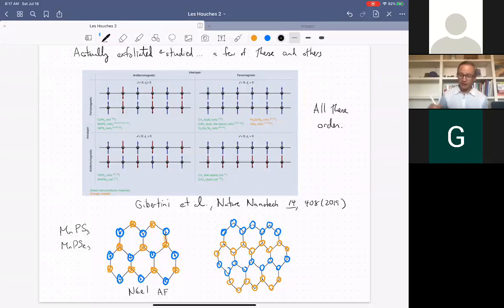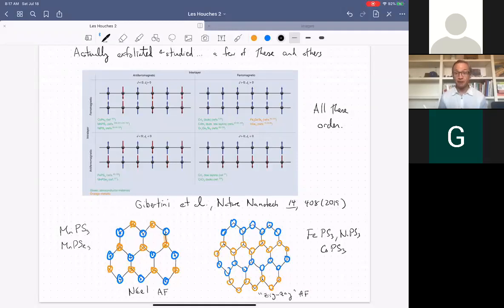If you look at the same structure but different transition metal atoms, replace manganese here by iron or nickel or cobalt, in these cases, actually a different sort of magnetic structure occurs rather than a Néel antiferromagnet, what is usually called zigzag antiferromagnetic order.